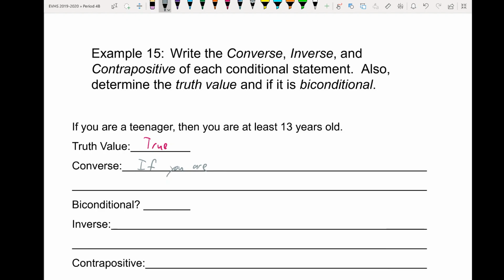Yeah, we switch them, so we flop them. So we take this and put it at the beginning. If you are at least 13 years old, then you are a teenager. I'm just going to write teen.